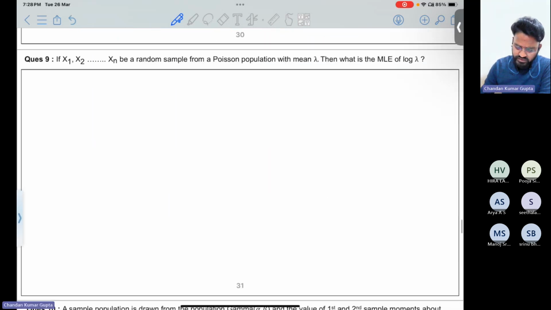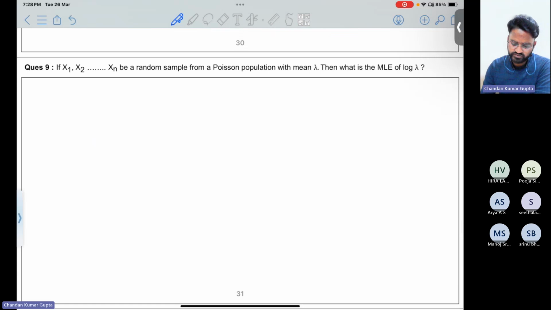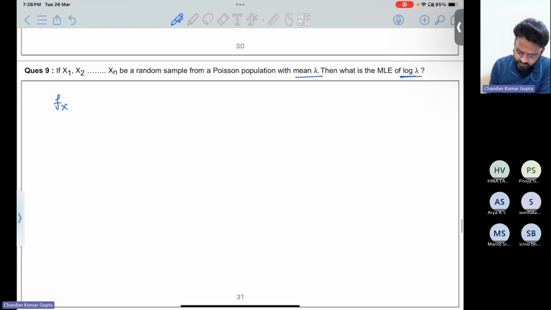The next question will be: if x1, x2 up to xn is a random sample from a Poisson population with mean lambda, then what is the MLE of log of lambda? So again, we are given it is a Poisson process.